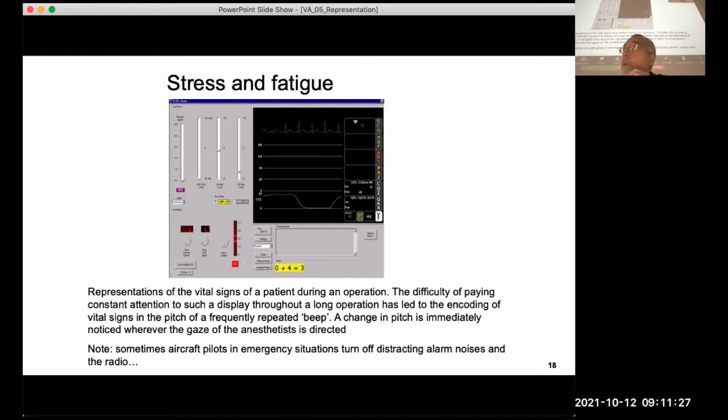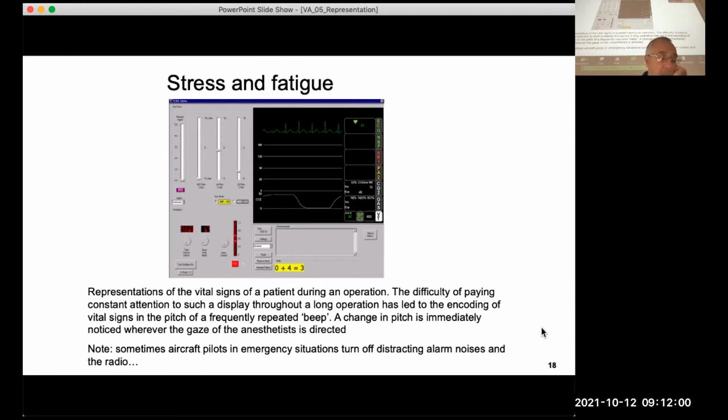You experience that even in a class. If I am talking and a car goes in the street, the noise of the car is disturbing us. It's not touching the visual part. You see the screen on my back, but the noise is disturbing you. And a nice example is that in an emergency, pilots typically turn off the radio because having to chat with the control may be really disturbing.